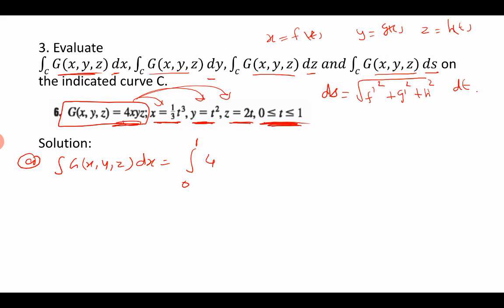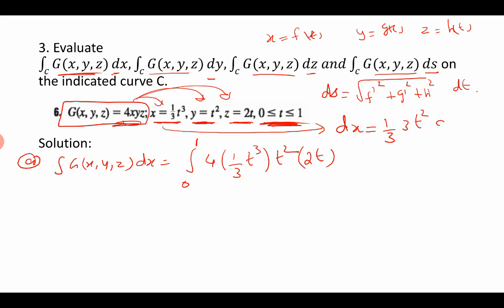Substitute them: 4 times 1 by 3 t cube, y is t square, z is 2t, and dx from x is 1 by 3 times 3 t square dt, so it is t square dt. Simplify.